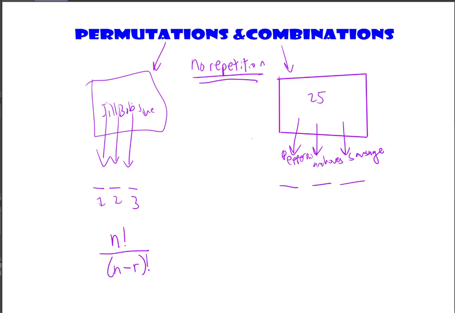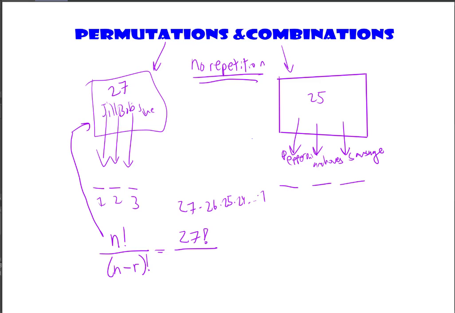This n stands for the total number of things I can choose from. Let's say there were 27 people who ran this race. Then my n is 27, so that's 27 factorial, which really means 27 times 26 times 25 times 24, all the way down to times 1.